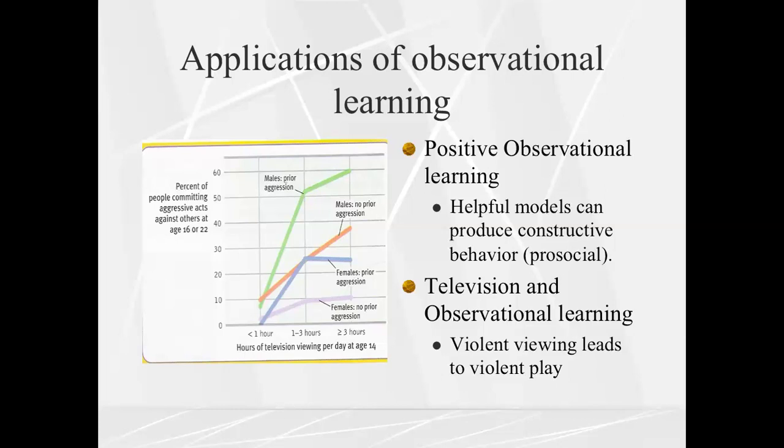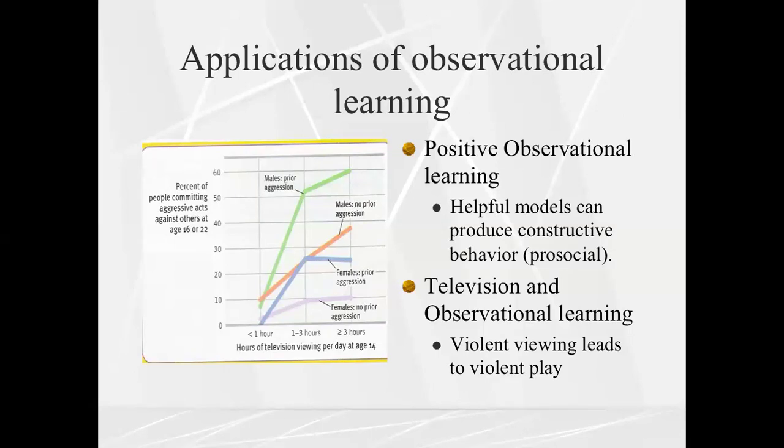In terms of observing aggression and watching television, we see that in general, males tend to be more aggressive than females, but even whether they have prior aggression or not, all groups increase their engagement of aggressive acts with more television.